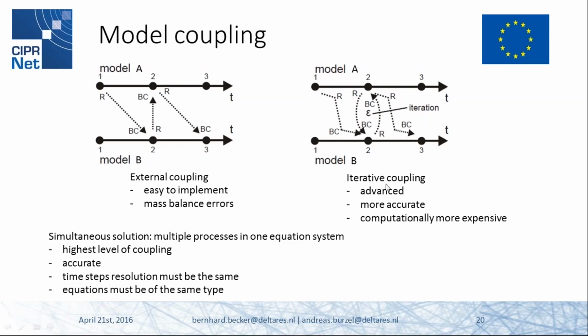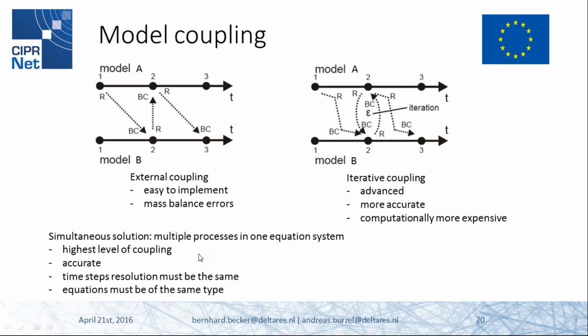So this means a bit more advanced coupling. It is more accurate, needs a bit more coding of course, but it will be also computationally more expensive because you have to iterate the time steps or to repeat the time steps.